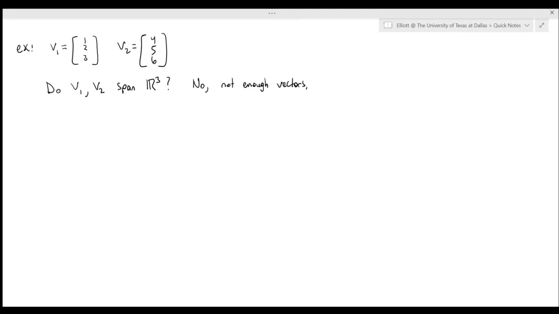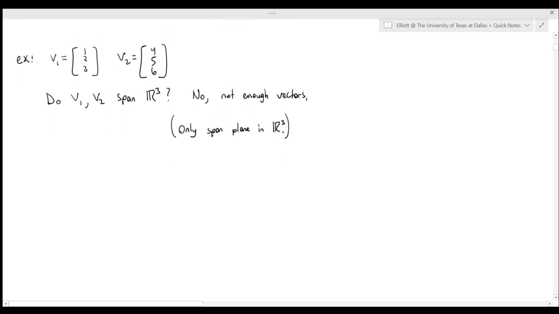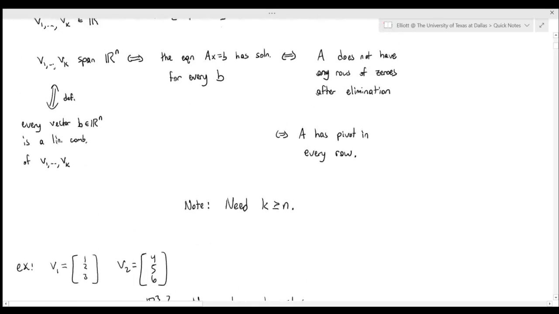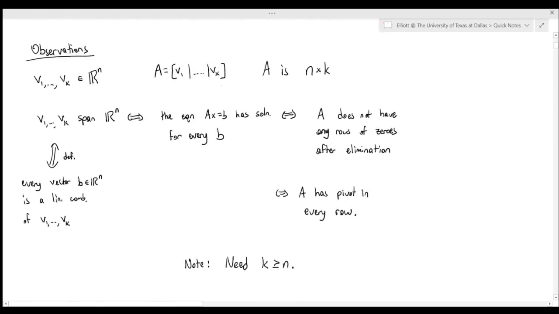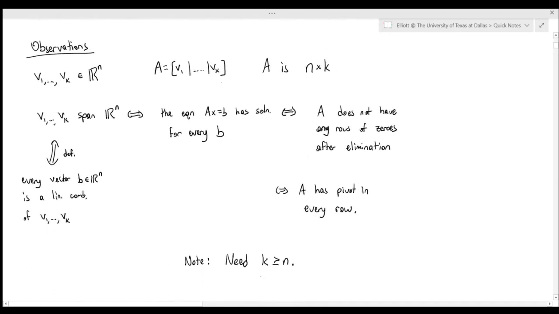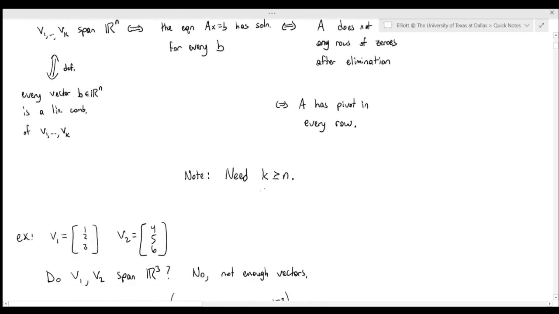They'd only fill up a two-dimensional plane inside of R3, okay? So this is something that we understood from a geometric perspective before. But here, this was an algebraic explanation for why we would need at least three vectors in R3 in order to span, okay?